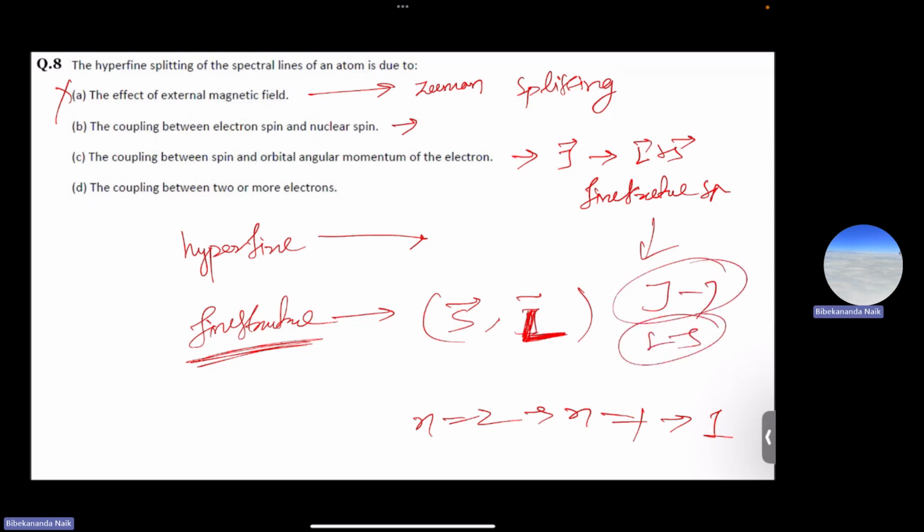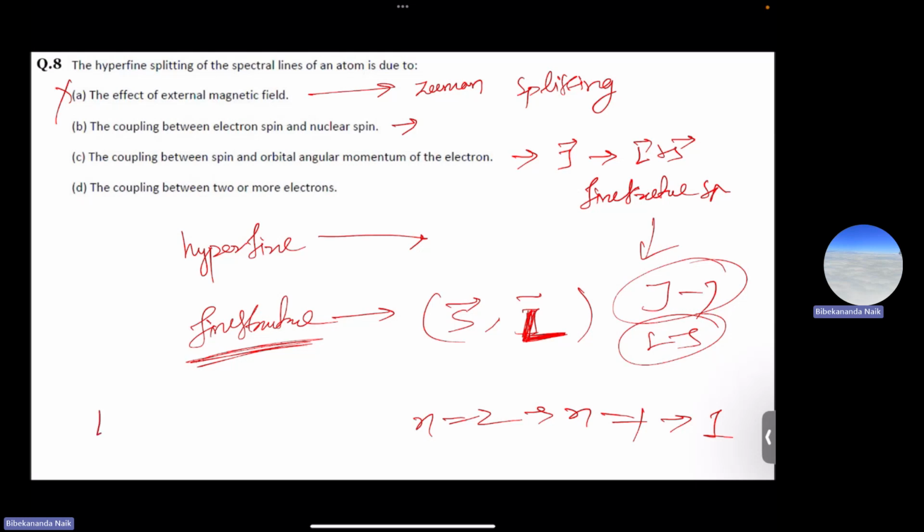So there are two couplings: one is LS, another is JJ. In case of LS, what happens if there are more electrons, because only hydrogen has one electron, but there are many atoms which are many electron systems. If there are two or more electrons, then it depends upon the atom, whether the atom is small or large. That is, it depends upon the Z value, whether there will be LS coupling or JJ coupling.